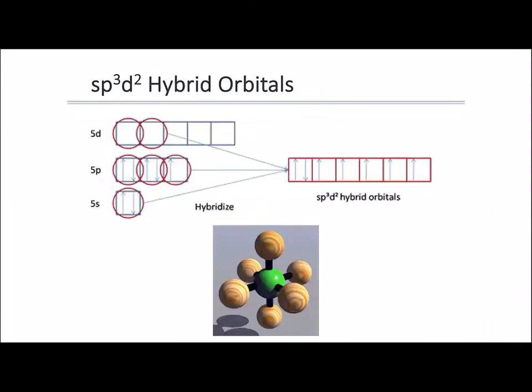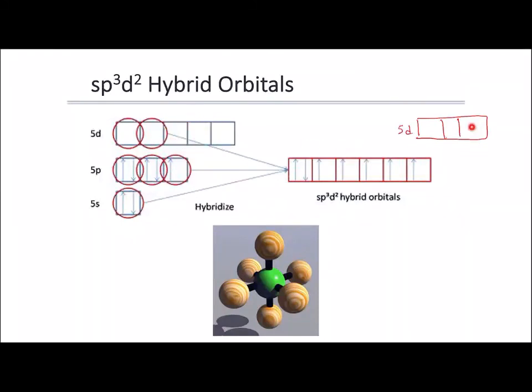And then finally, with our sp3d2, this is how we get octahedral. I take my s orbital, all 3 of the p's, and 2 d orbitals. Hybridize them together, you get sp3d2, and then we still have 3 empty d orbitals because I still had 3 boxes here.